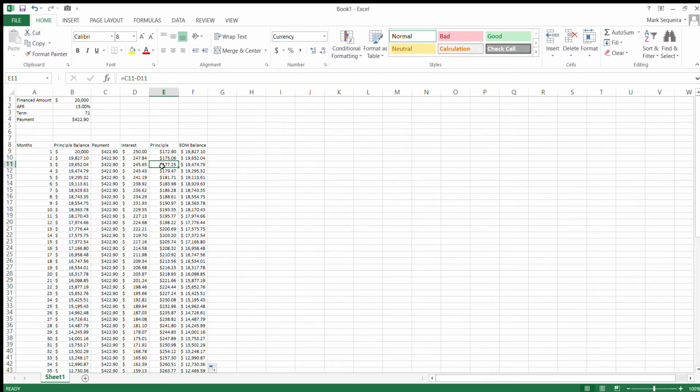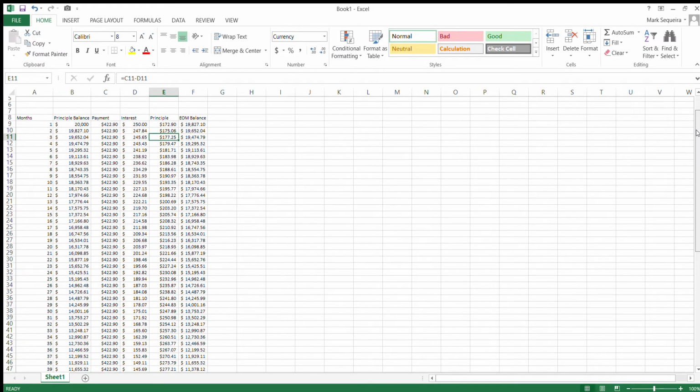Month after month, a little less goes to interest and a little more to principal. This allows the company to make their money back. It's front loaded, so they can make sure they make their money, just in case we decide not to pay.